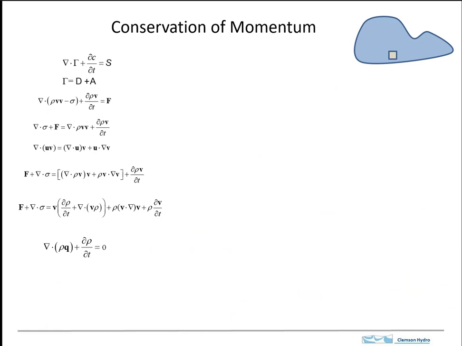Okay, so what I want to do now is simplify that momentum balance a little bit. And we could use it in this form, but as it turns out, this is a little awkward to deal with. And so we're going to fiddle around with that and get it into a little bit of a simpler form.